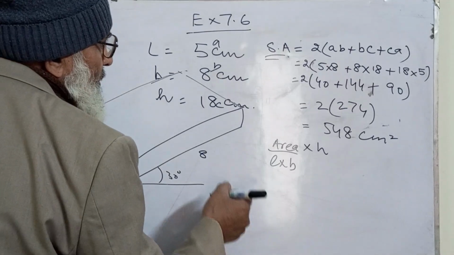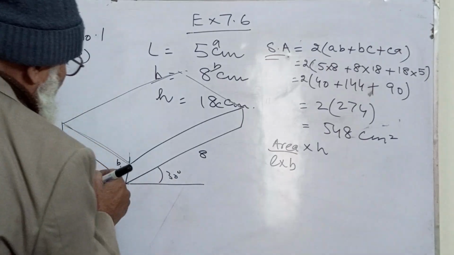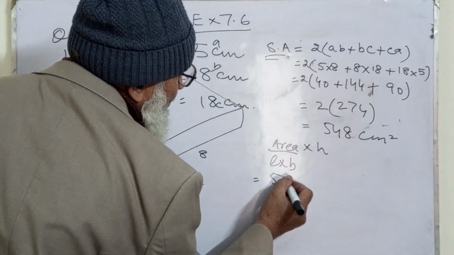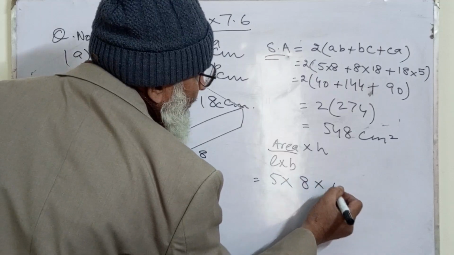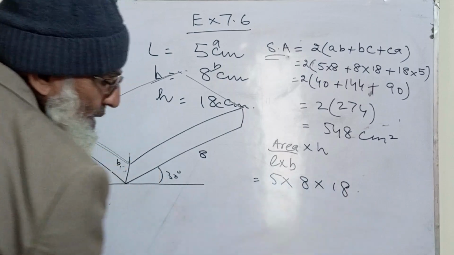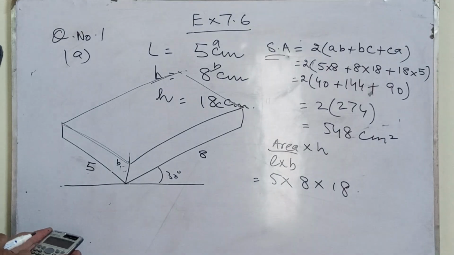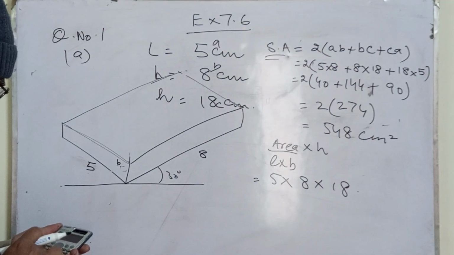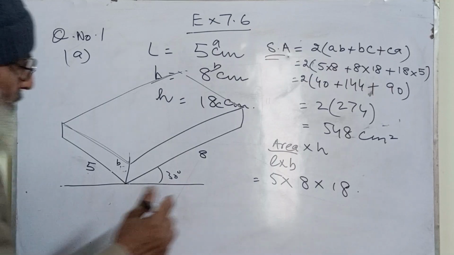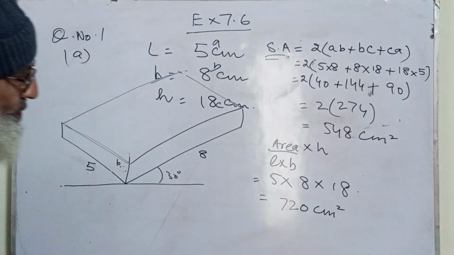Area multiplied by height. Now, all the three dimensions are 5 multiplied by 8 and multiplied by 18. This is in centimeter, this is in centimeter, this is in centimeter. The answer will come in cube. 18 multiplied by 8 multiplied by 5 is equal to 720 centimeter cube.